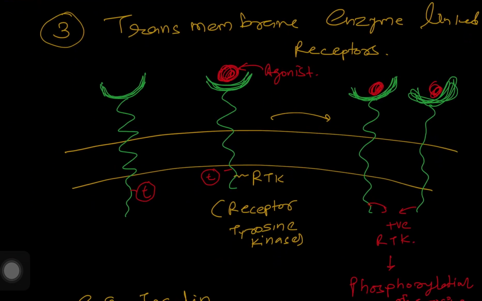Let's go to the third type of receptors. These are transmembrane enzyme linked receptors. As the name suggests, these are transmembrane receptors which have an outside portion which is the agonist binding portion where the agonist usually binds, and inside the cell there is a portion where a tyrosine residue is attached, and this is the site of the enzyme, because it is said to be an enzyme linked receptor.